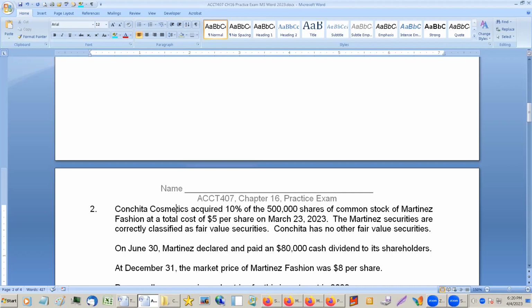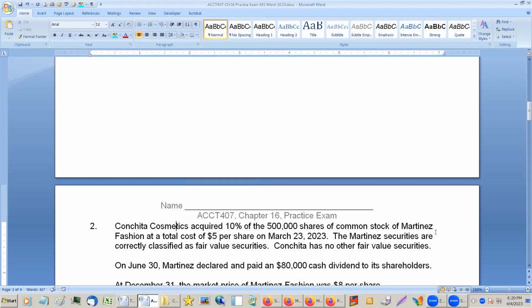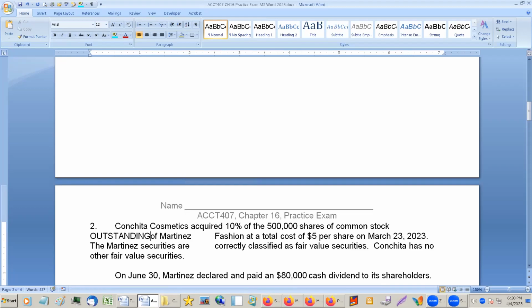Okay, I think I need to add something to this one. It said acquired 10% of the 500 shares of common stock. Let's make the assumption that this is the outstanding.